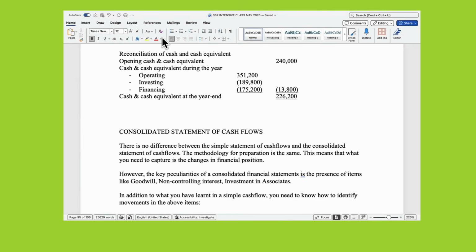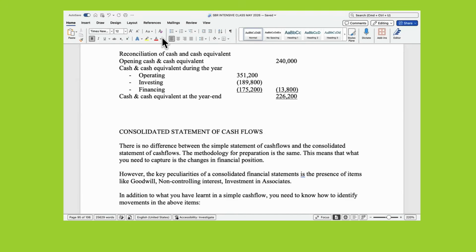Only what we have in the single cash flow is just that entity, and we apply all the relevant items under operating activities.